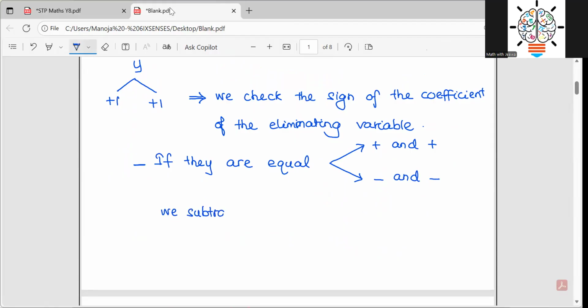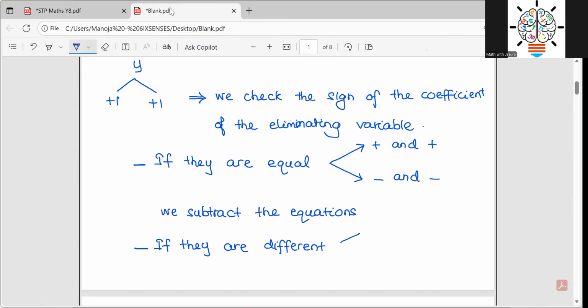Don't worry if you can't understand. When we are doing 3 examples, you will realize what to do. We subtract the equations. First, you just understand. Let's say the next one, if they are different.